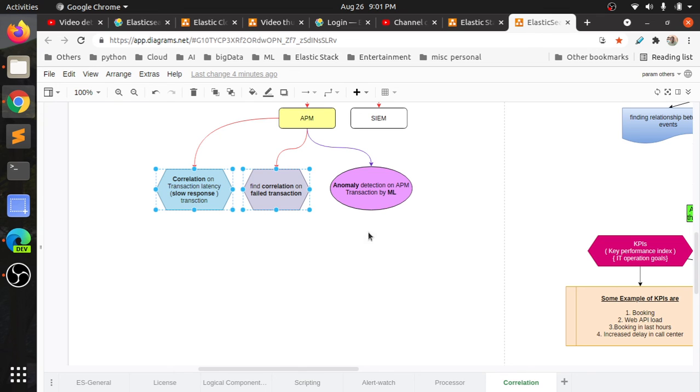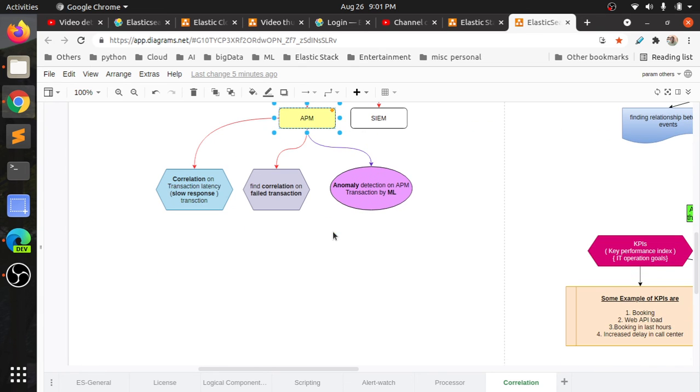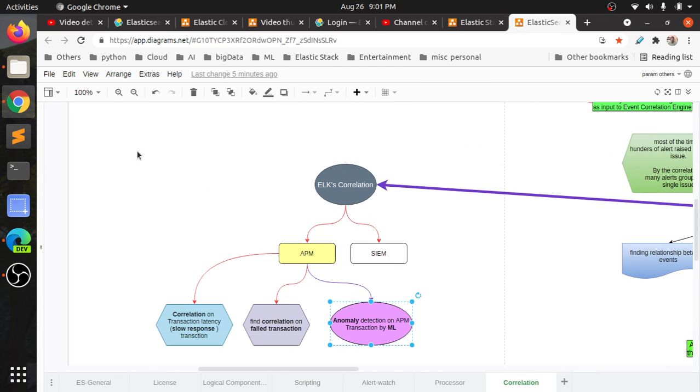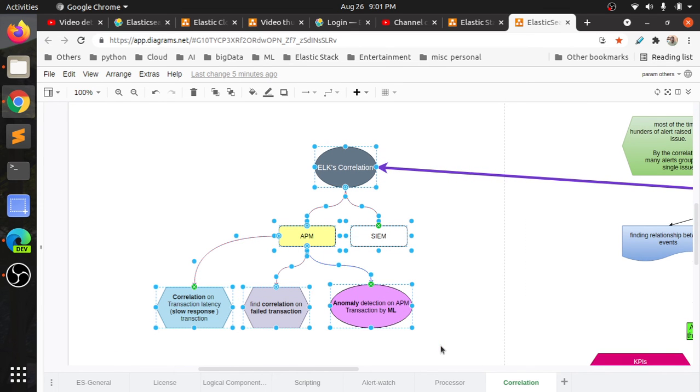Again, anomaly detection can also be done only on APM data, meaning APM metrics collected by the ELK. To identify anomalies, we use machine learning jobs. So this is one of the tools which does the correlation among the events.